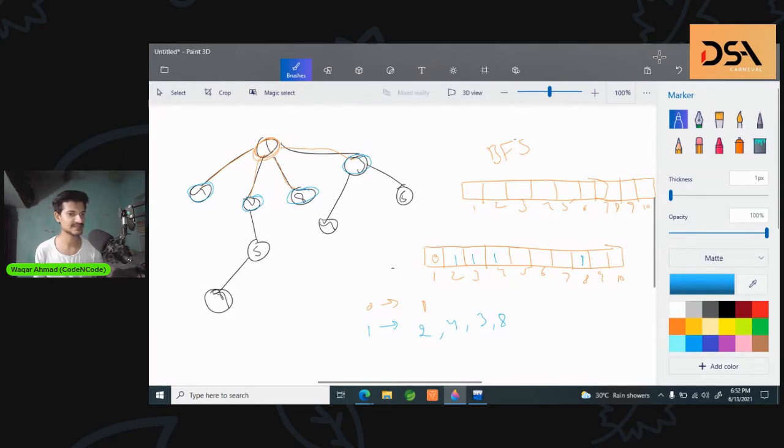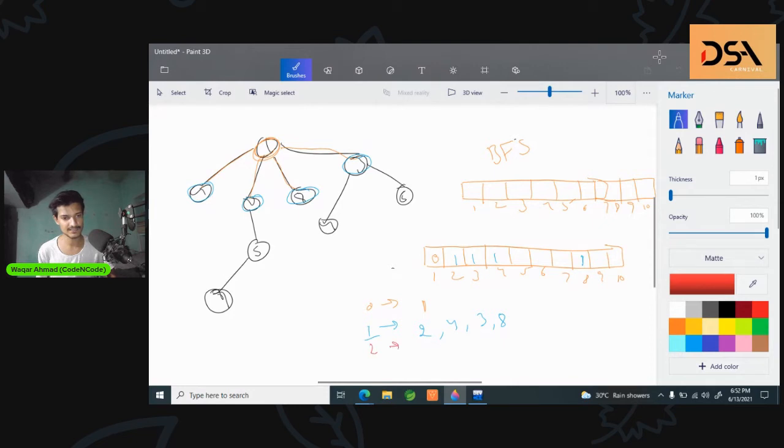Making sense? That's why all of the nodes which are directly connected to the nodes at level 1 and are not visited are at distance 2. Again, a different color, maybe red.